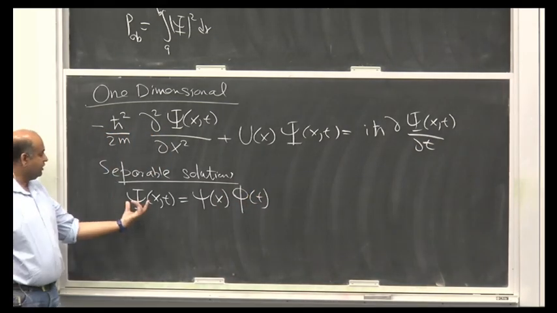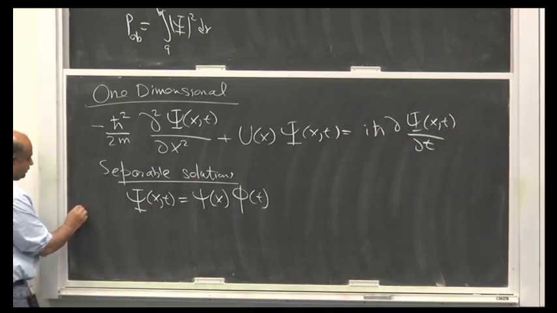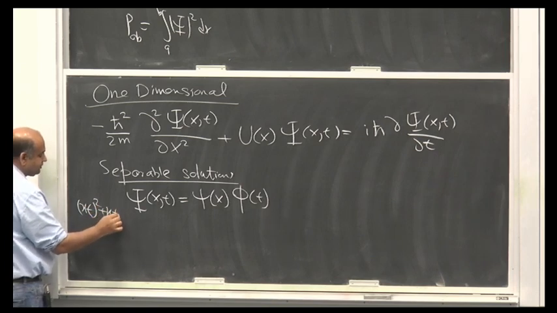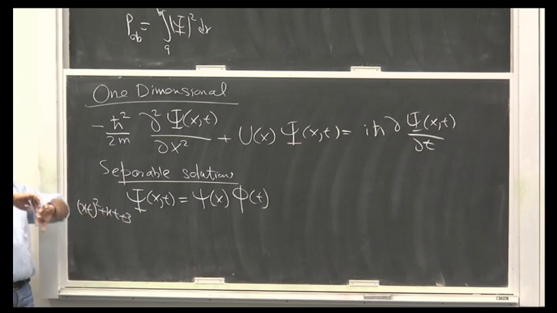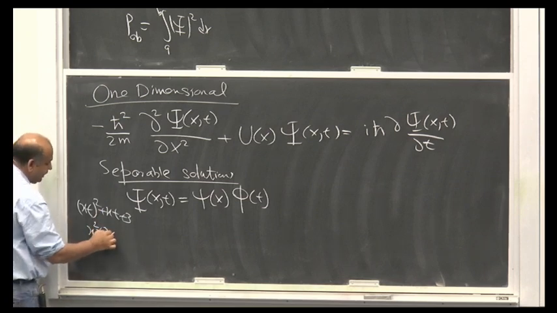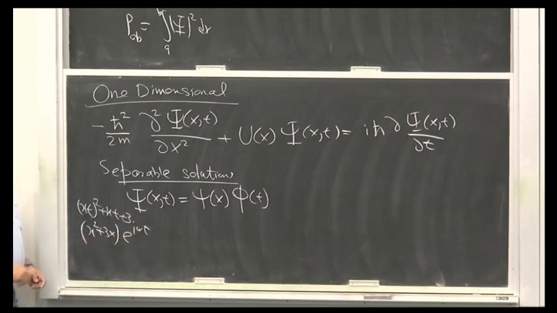So in general, we can have something like x t square plus xt plus 3. But this is not a separable function. Separable functions are those where x and t part can be separated. For example, you can have x square plus 3x into exponential iota omega t or something like this.